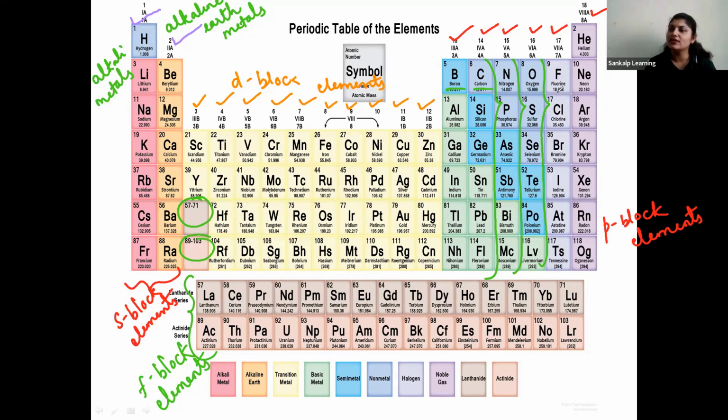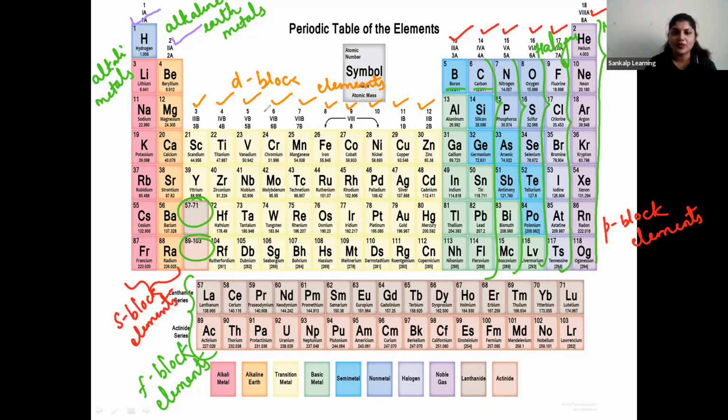Then fluorine, chlorine, bromine, iodine are called halogens. Then these are called noble gases.